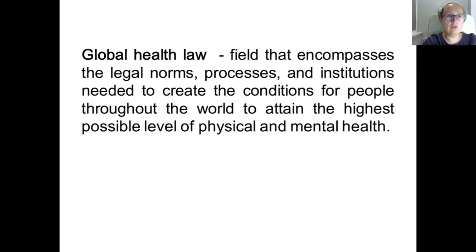So, international law is traditionally understood as consisting of two core realms: public international law and private international law. While public international law is primarily concerned with the relations of states, private international law focuses on the law of private transactions of individuals and corporations.